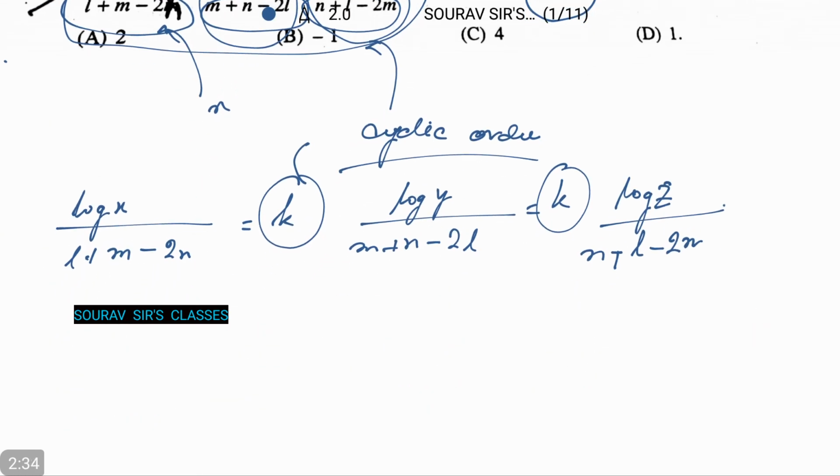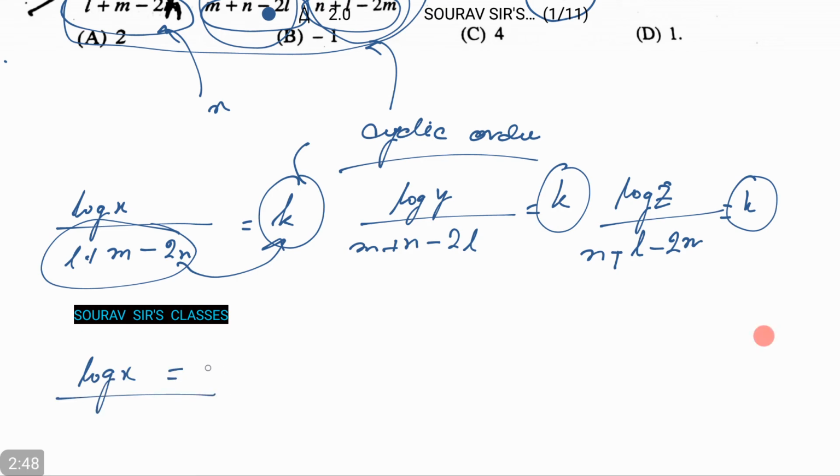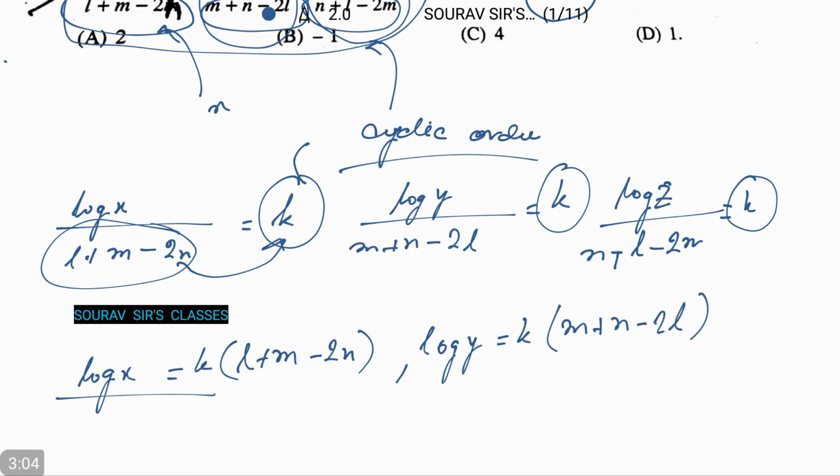Once we have this, we just transpose the denominator to the right hand side, as we all know. So log x equals k into l plus m minus 2n, and log y equals k into m plus n minus 2l, and log z equals k into n plus l minus 2m.